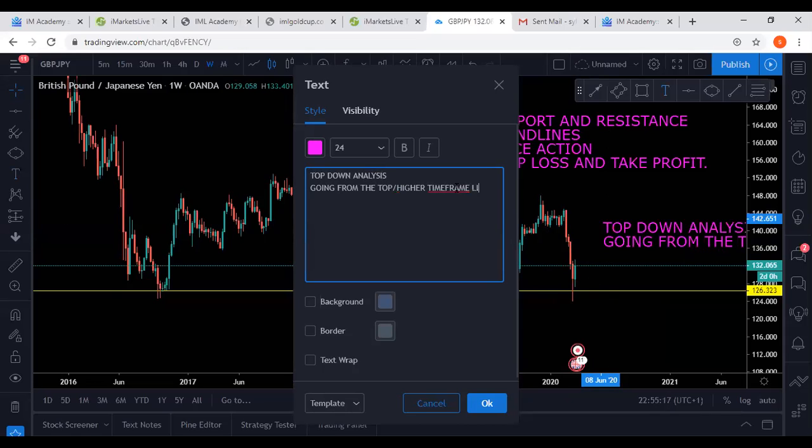Time frame, start from weekly, daily. When we talk about time frames, like the weekly, daily, down to the lower time frames, like the H4, H1, 30 minutes, and 15 minutes, I think that's the most you should go.